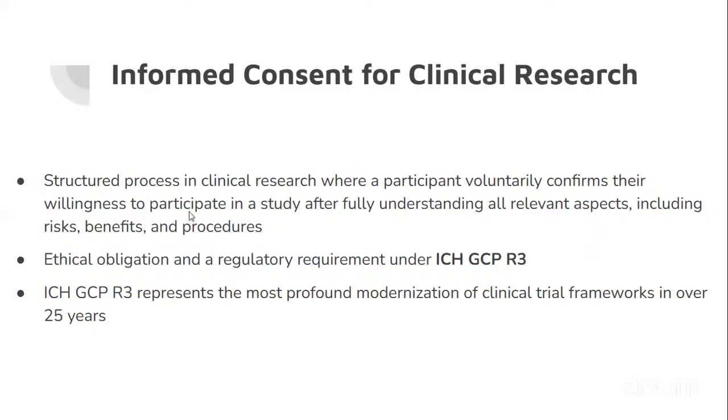It is a structured process in clinical research where participants voluntarily confirm their willingness to participate in a study after they fully understand all the relevant aspects, including all the risks, benefits, and the procedures. It is an ethical obligation and a regulatory requirement under ICH GCP R3. And we need to understand what exactly ICH GCP R3 is. It represents the most profound modernization of the clinical trial framework in over 25 years.